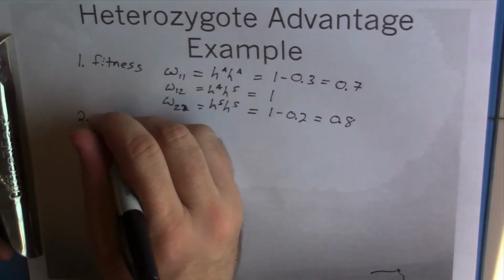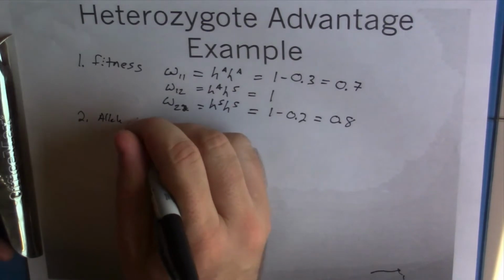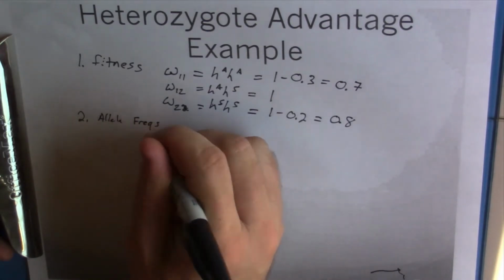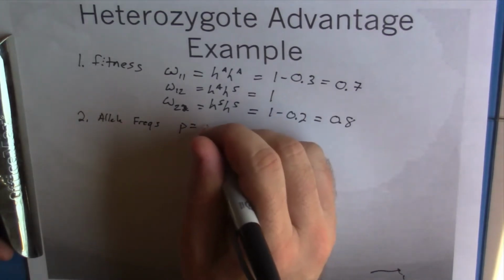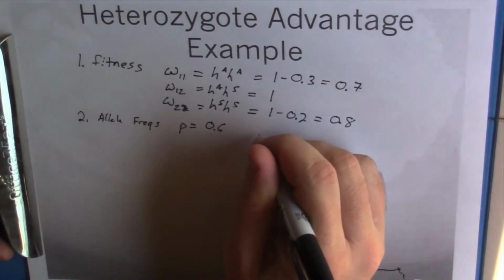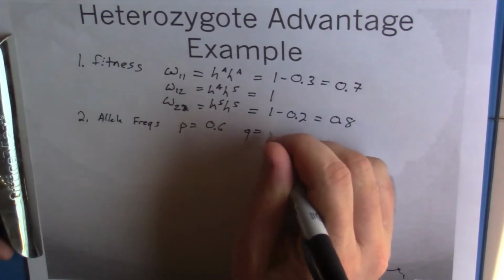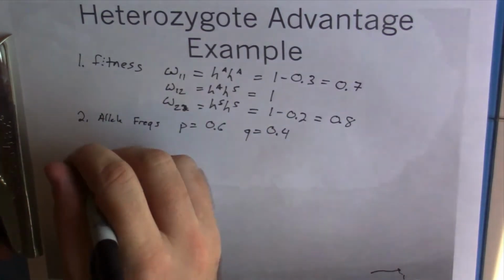Second step is allele frequencies. And we happen to know already that allele frequencies are 0.6 and 0.4.